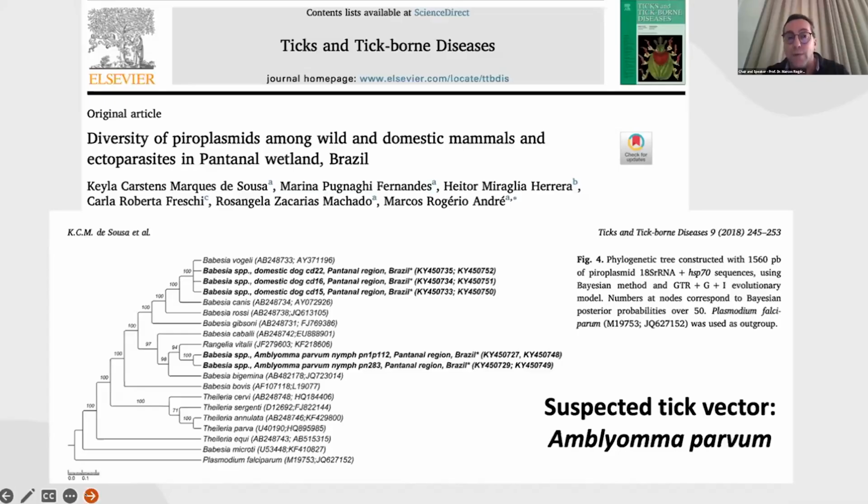In those ticks, we detected the same Babesia, but by that time, we only got a short fragment of 18S rRNA, and we were like, oh, there is a Babesia which is closely related to Rangelia vitalii, but we don't have the tick species here. So we called it by that time Babesia sp. So rodents are not hosts so far for this novel Babesia.